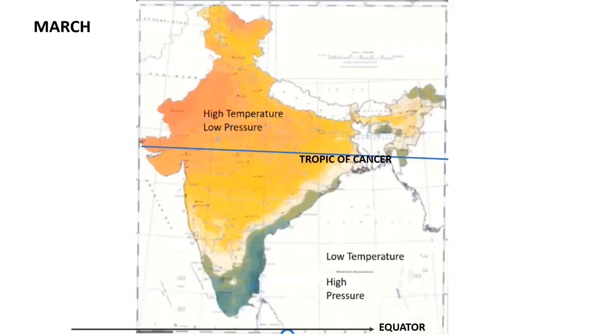So now children, we will begin with the first season, that is the hot and dry season. The months are March to May. Now looking at this map, I've put an arrow here, equator. So in the month of March, the direct rays of the sun fall at the equator.